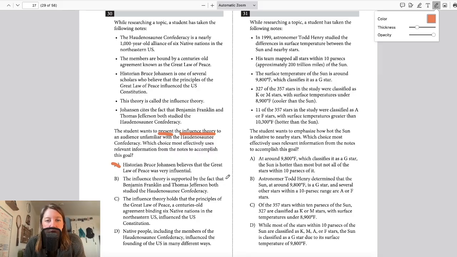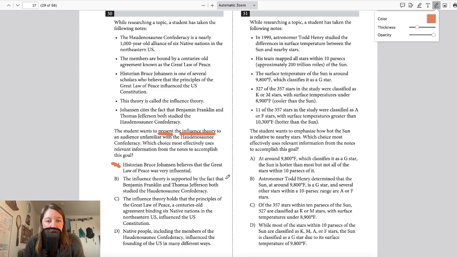Let's just take a look at the notes. So this confederacy is a nearly 1,000-year-old alliance of 6 native nations in the northeastern U.S. Next bullet point, the members are bound by a centuries-old agreement known as the Great Law of Peace. Okay. Third bullet point, historian Bruce Johansen is one of several scholars who believe that the principles of the Great Law of Peace influenced the U.S. Constitution.